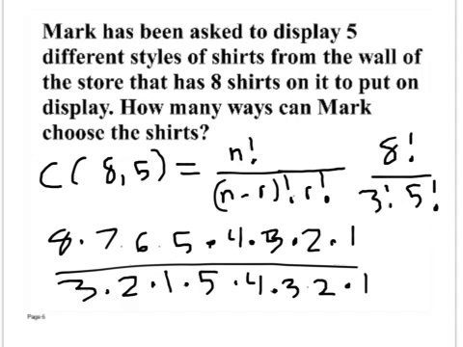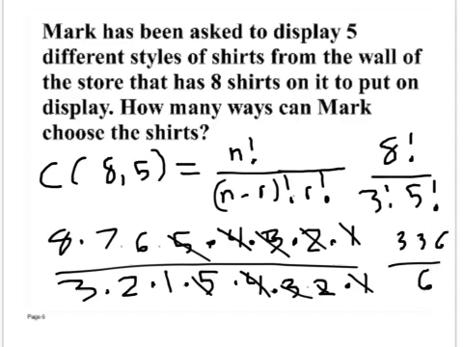Everybody with me? So we cancel out the 5, 4, 3, 2, 1. So you get 8 times 7 times 6 divided by 3 times 2 times 1. 8 times 7 times 6 is 336. 3 times 2 is 6. 336 divided by 6 is 56. There's 56 ways he can put the shirts up there.